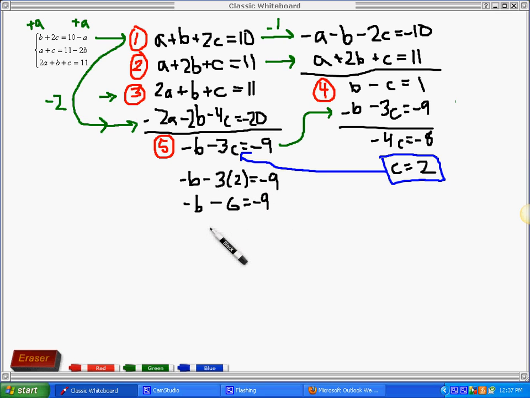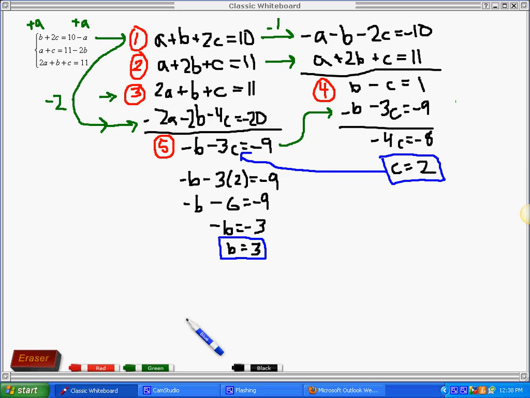Now adding 6 to both sides, I get negative b equals negative 3, which means b equals 3. We can get that b equals 3 by multiplying both sides by negative 1, dividing both sides by negative 1. Either one will give us that answer.